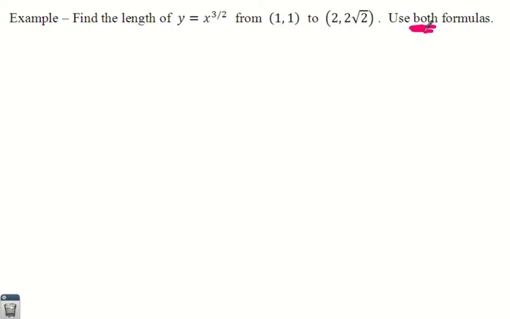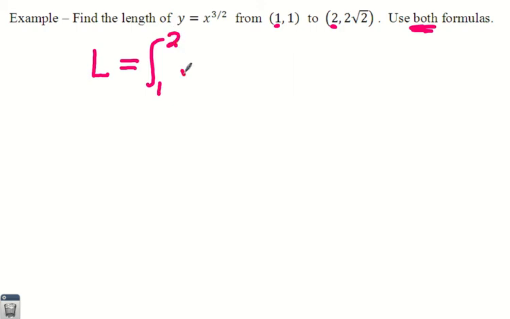But let's do the dx version. So we want x values. What are our limits of integration if we're going from here to here? We only really care about the x coordinates of those points. So we're going to go from 1 to 2.